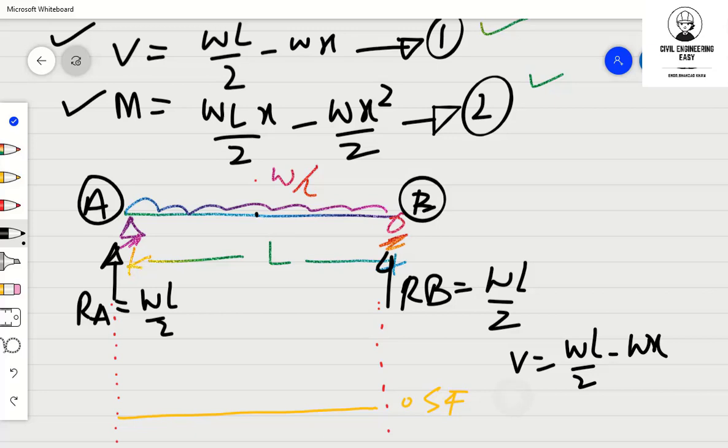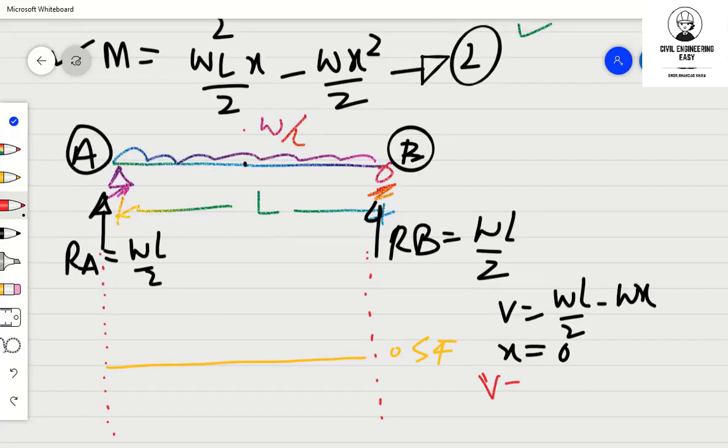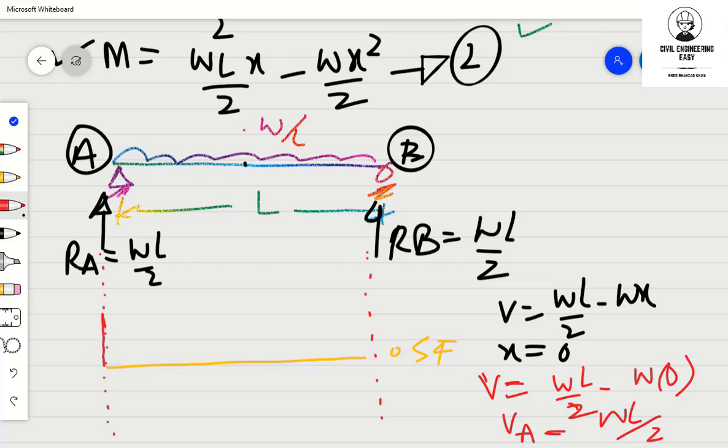By putting the value of X equal to 0 in this equation, we will get the shear force equal to WL divided by 2 minus W into 0. So we will get the shear force at point A that will be equal to WL divided by 2. So we have got one point for the shear force diagram.